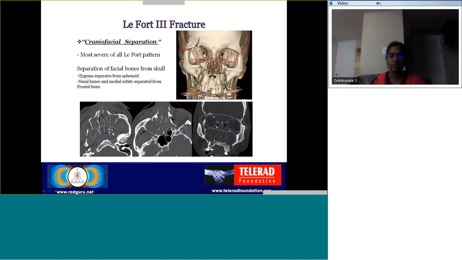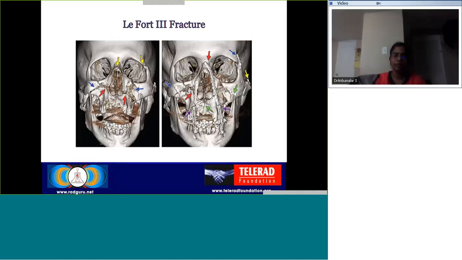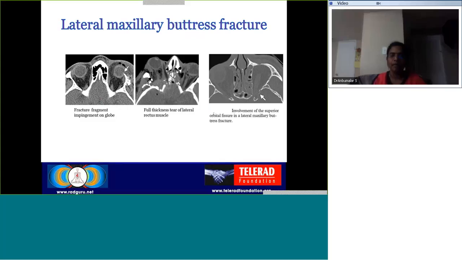First you see the pterygoid plate fracture, and there is a separation of the zygoma from the sphenoid bone, and a separation of the nasal and ethmoid bones from the frontal bone. This is the Lefort type 3. In the Lefort type 3, the surgical planning is mainly oriented towards the anteriorly located fractures, like the anterior wall and the zygoma, and the dental occlusion is taken care of to maintain the alignment.